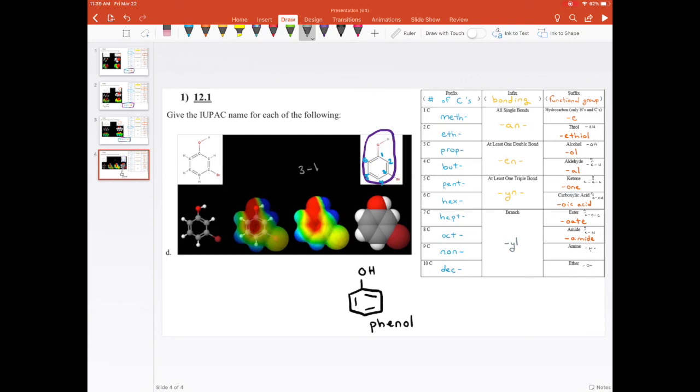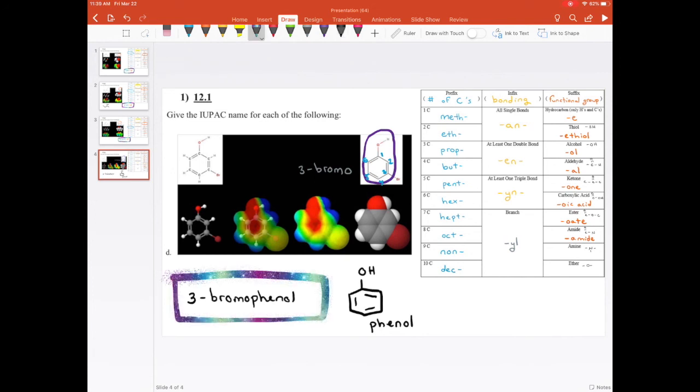And because it's bromine, it's a halogen in group 7A, you take the first syllable and add an O. And that's the name for the branch. So the name for the branch is 3-bromo. The name for the backbone is phenol. You put it all together, you have 3-bromophenol. And that is the name for that molecule.